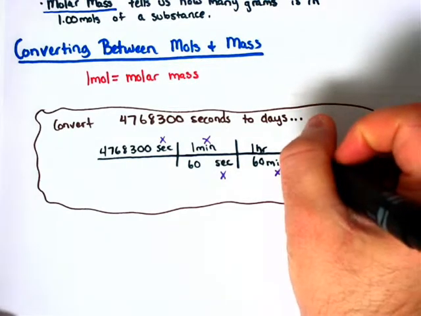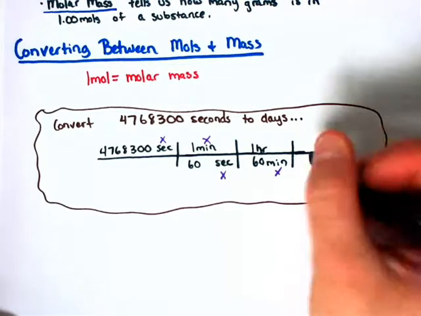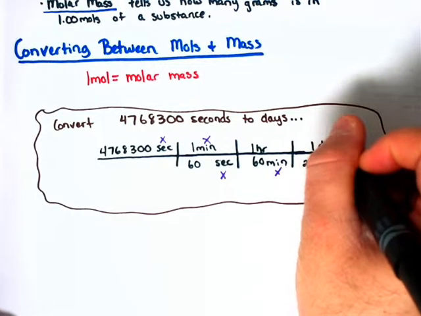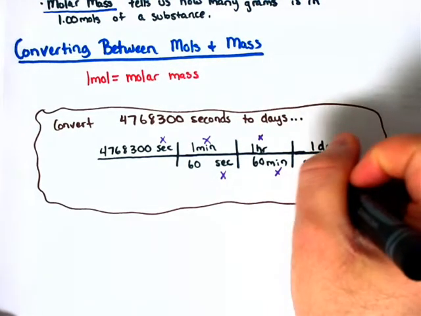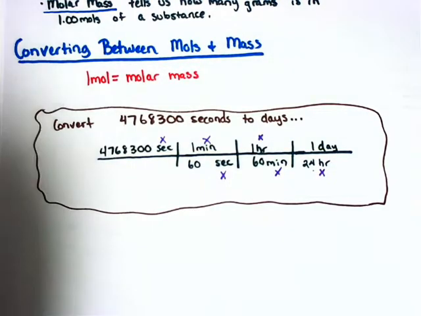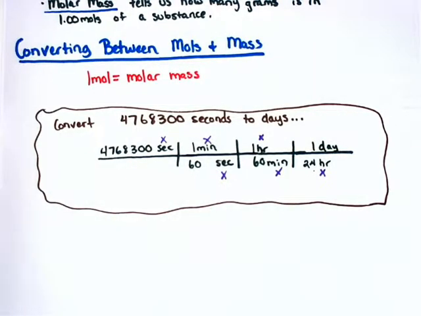And I need to do one more, with 24 hours in one day. Should the 24 go on top or bottom? Yeah, because there's 24 hours in one day. That's going to allow the hours to cross out. And you remember what we do at the end now? Perfect. You multiply all your top and divide by the bottom.